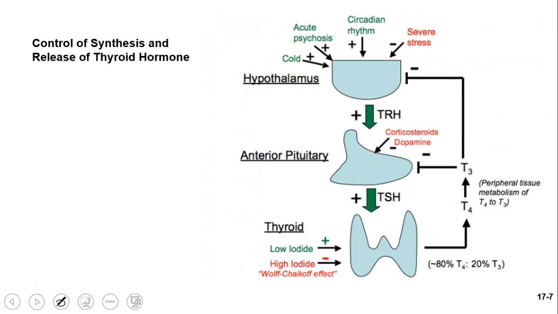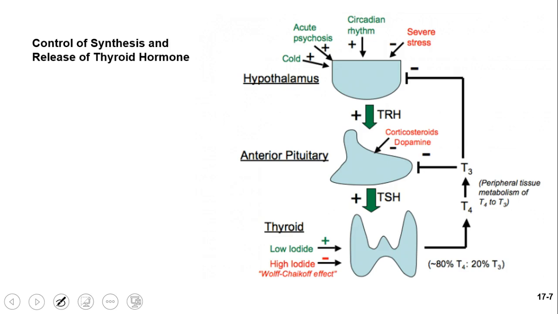Control of synthesis and release of thyroid hormone is under the control of the hypothalamo-pituitary thyroid axis. Okay, so in response to cold, acute psychosis, circadian rhythm, a couple different things, it's going to stimulate the hypothalamus to release TRH, thyrotropin releasing hormone.